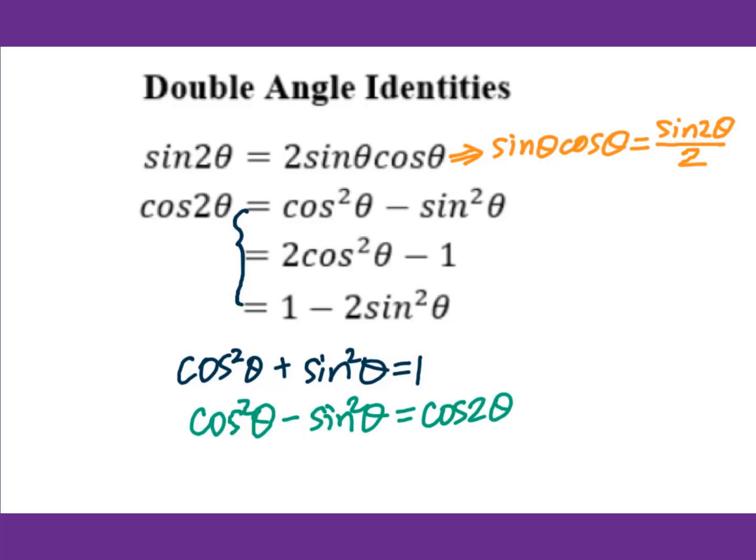Cosine 2 theta also equals 2 cosine squared theta minus 1.